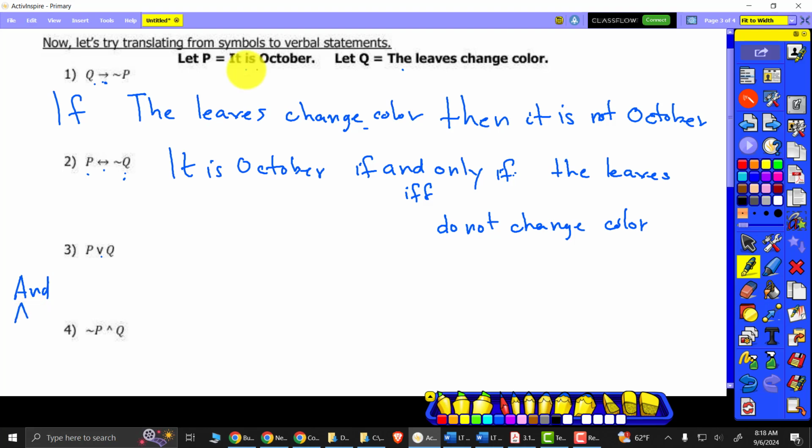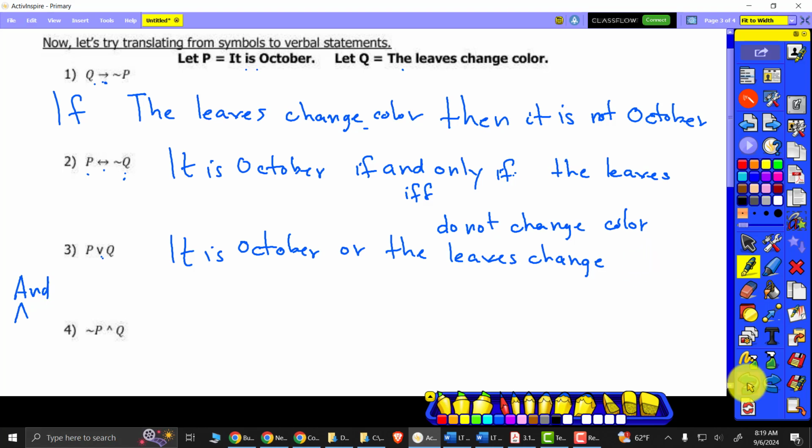So P, it is October. That's or. The leaves change color. Okay, let me rewrite color.